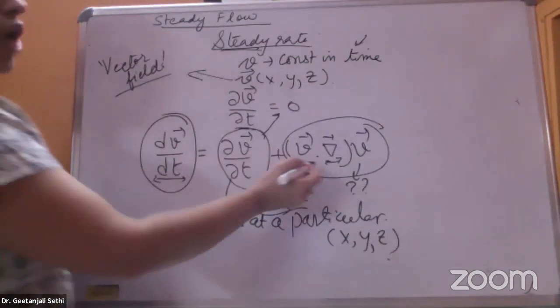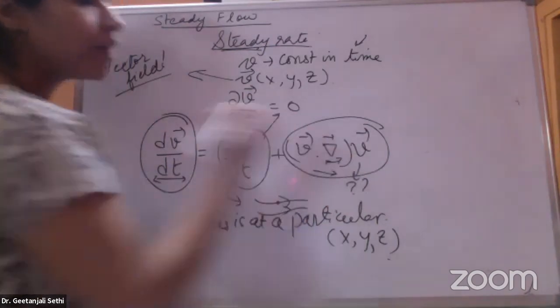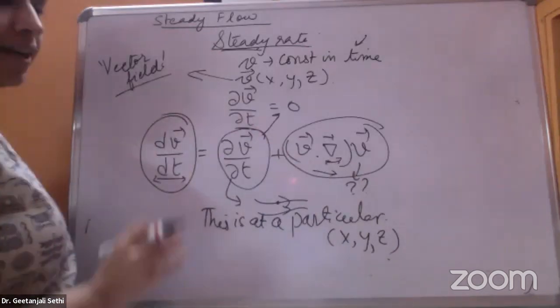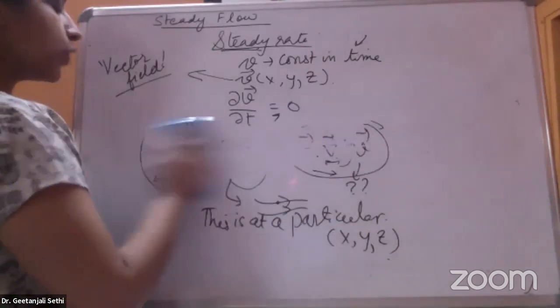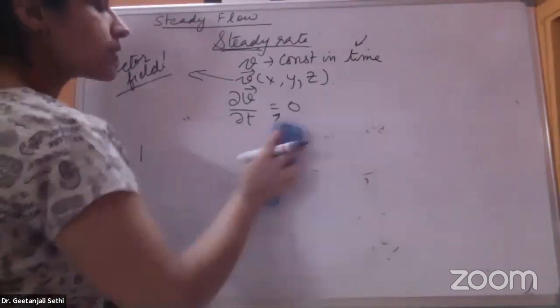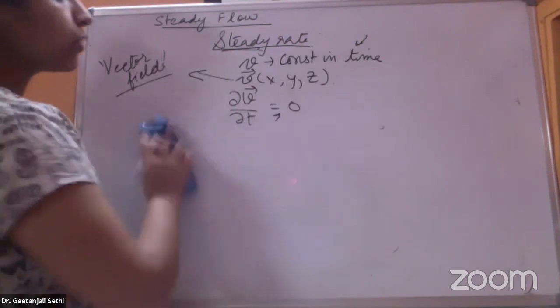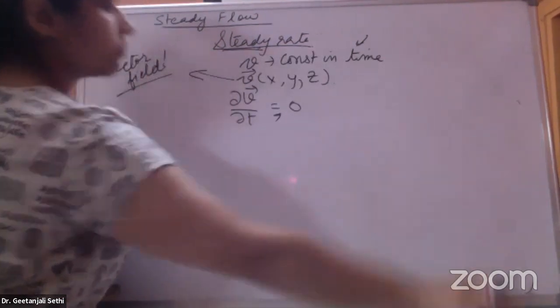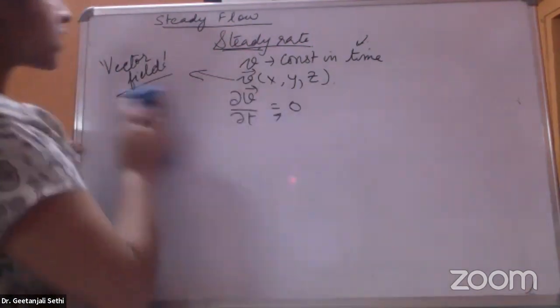As you move along the fluid and go to different locations, your velocity field, your value of velocity, can change. You must understand these small, simple mathematical things that you come across when you are doing mathematical analysis.